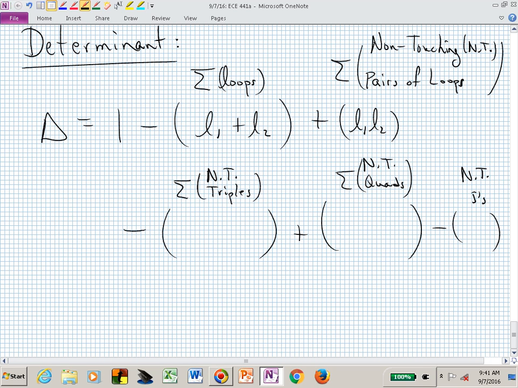Then what you have to do in the pairs of loops, you have to say 1 and 2 are not touching, 2 and 3 are not touching, and 1 and 3 are not touching. So those would all be pairs of non-touching loops. But then you would also need to include this triple, L1, L2, L3, that didn't touch. Did that help? Question?